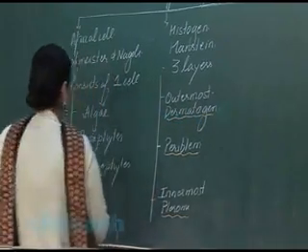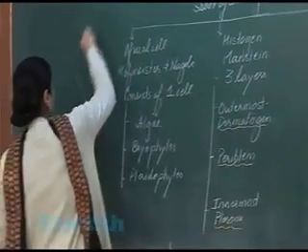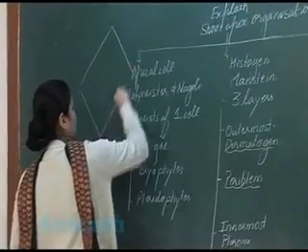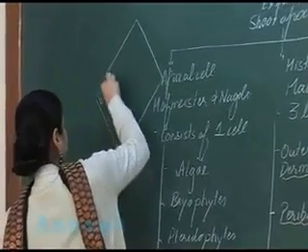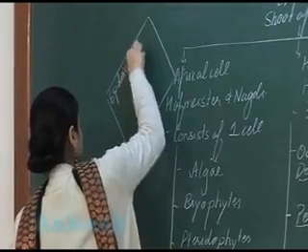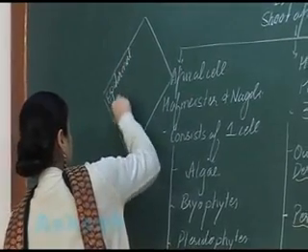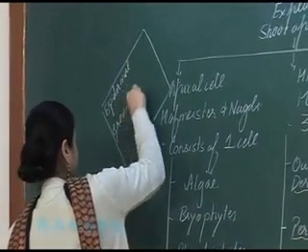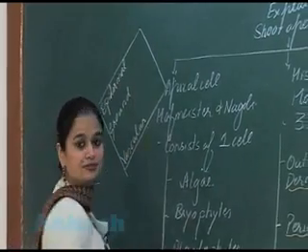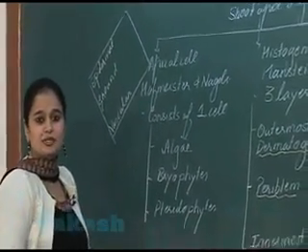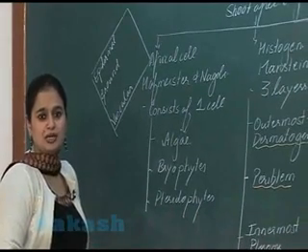So here I am writing it down. Three types of tissue system: epidermal, ground and vascular tissue system. Three types of the tissue system associated with the organ.